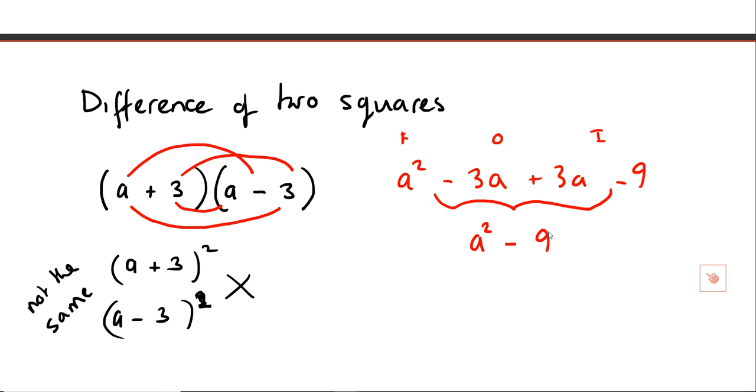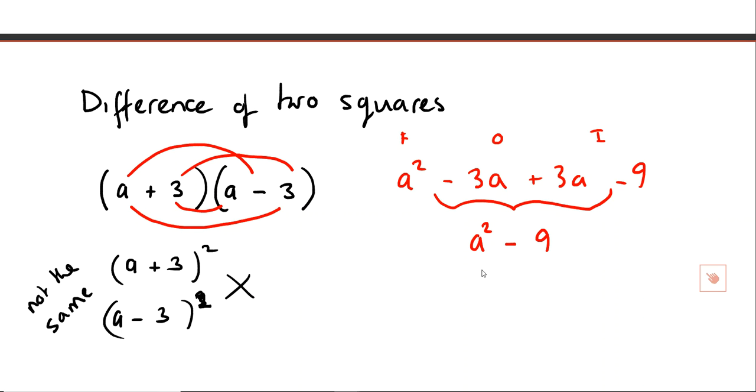Think about the words. How do you find the difference of things? Subtract. And what are squares? It could be a square shape, but in this sense we've got square numbers. Do we have the subtraction of two square numbers? Is a squared a square number?